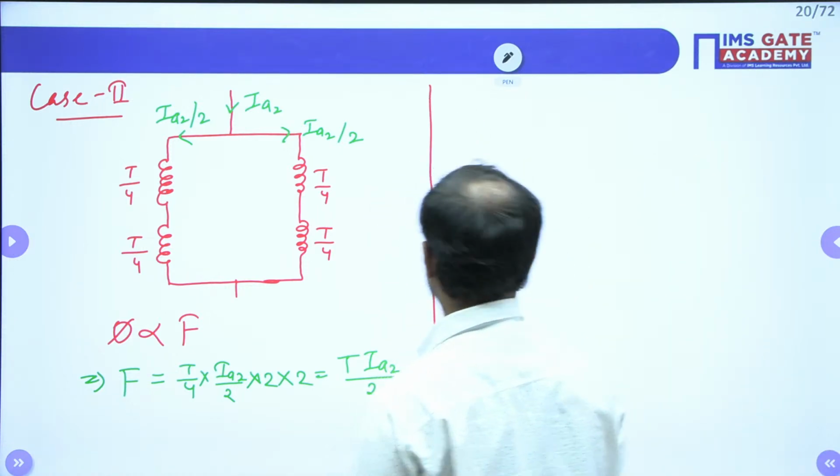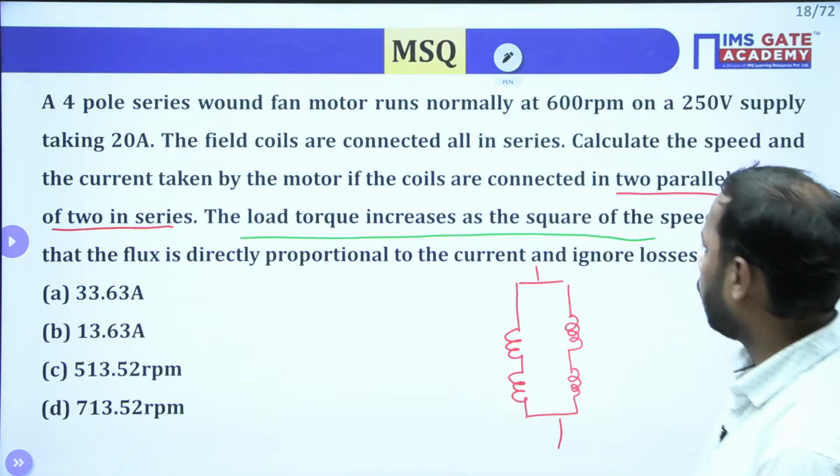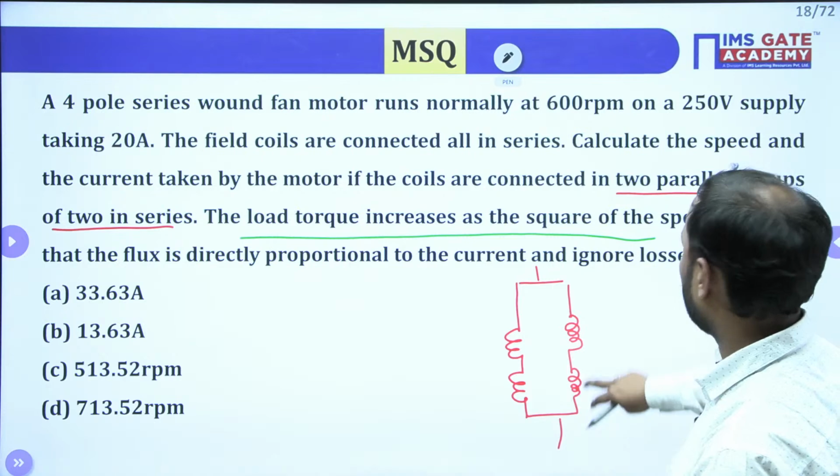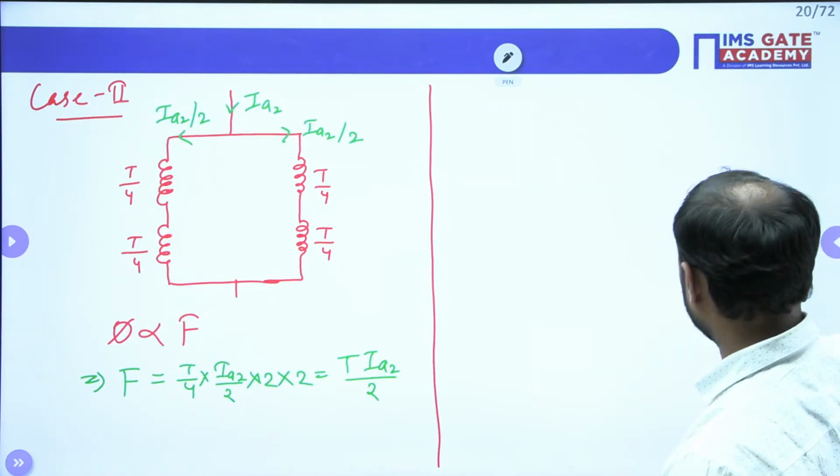All right. So do we have speed given here? No, we need to calculate speed, and the current also we need to calculate. Let us see how we will find this part.